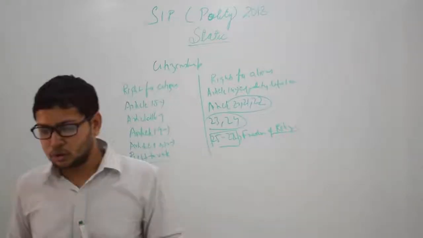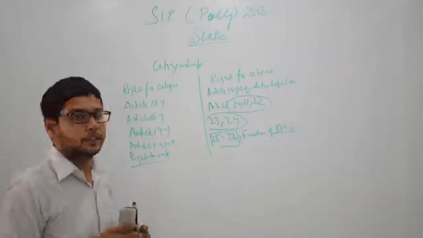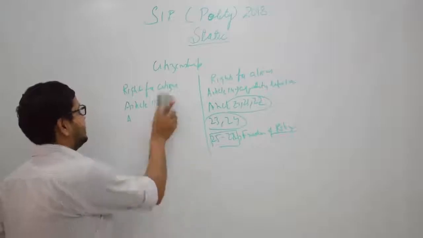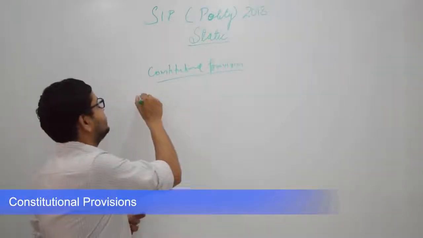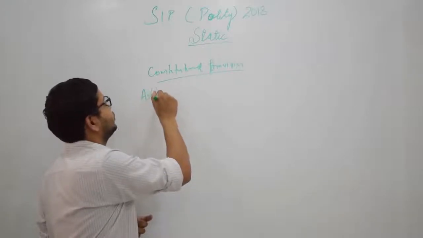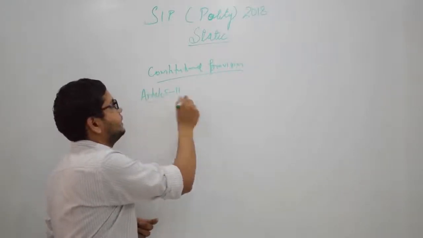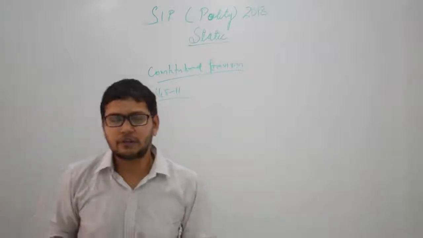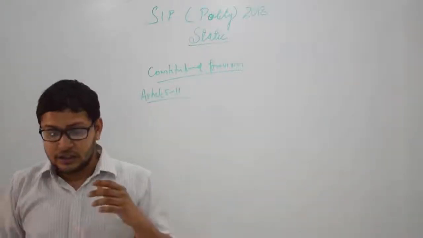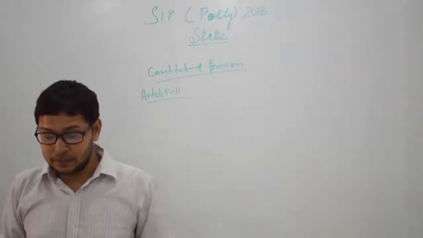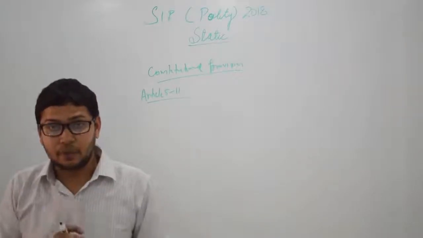Next we'll deal with the constitutional provisions with respect to citizenship in India. Article 5 to Article 11 contains provisions with regard to citizenship in India. But one very important fact with respect to prelims is that the constitution contains neither any permanent nor any elaborate provision in this regard.